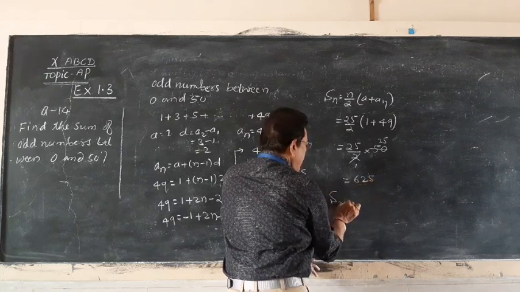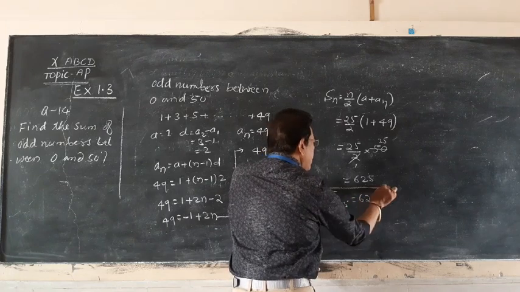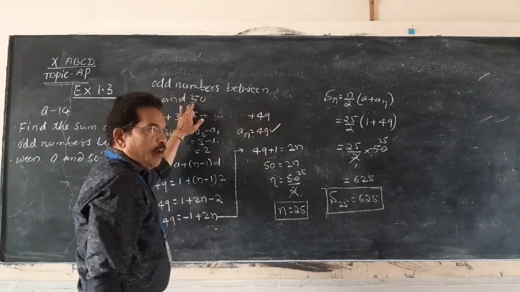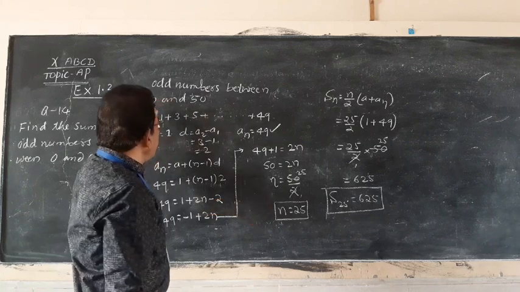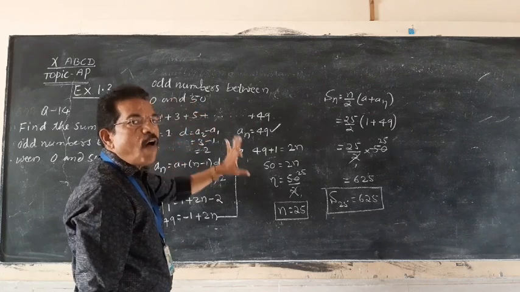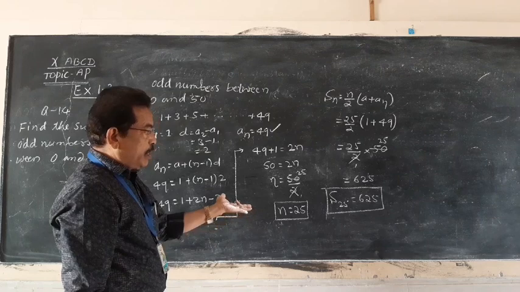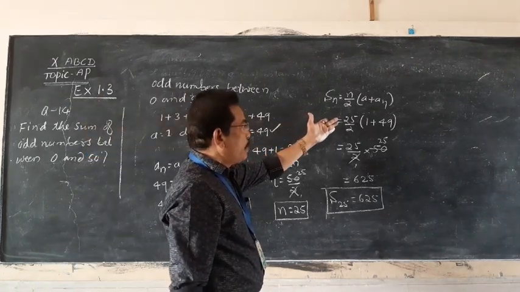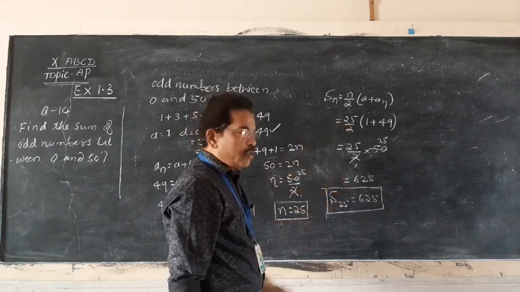So Sn equals 625. There are 25 terms between 0 and 50 of odd numbers. So the sum of the 25 odd numbers will be n by 2 in the big bracket a plus an, like this, Sn equals 625.